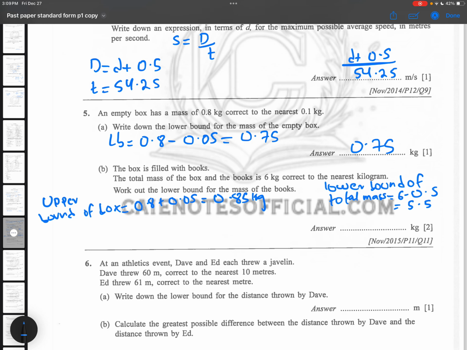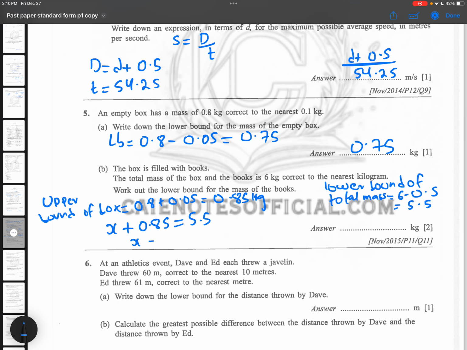Let's suppose the mass of the books is x, plus the upper bound of the mass of the box, that is 0.85 kg, is equal to the lower bound of the total mass, that is 5.5.